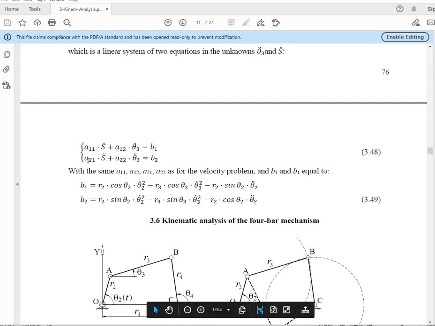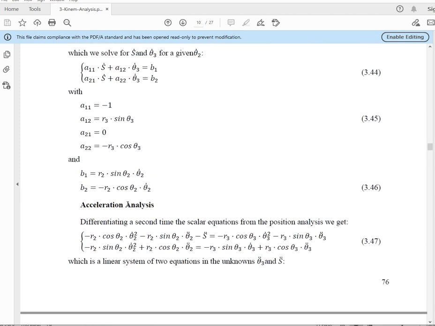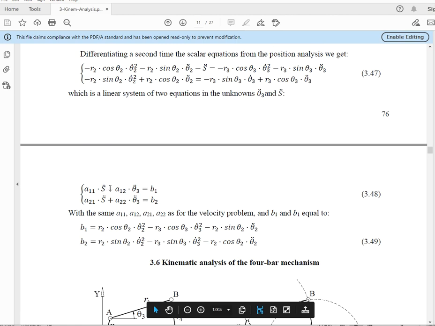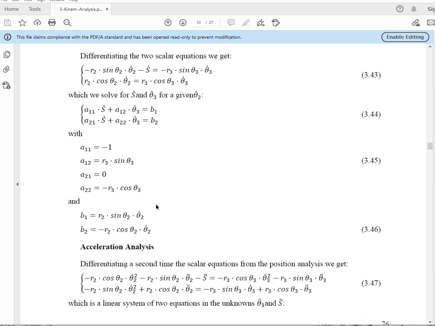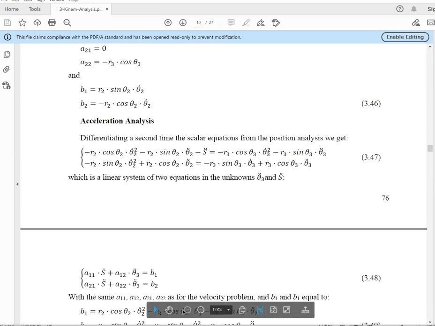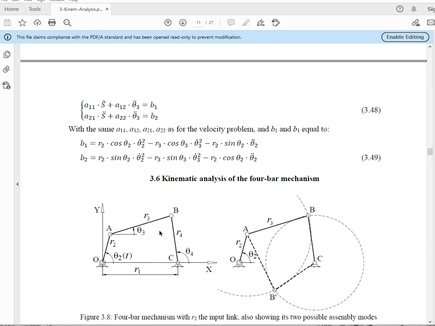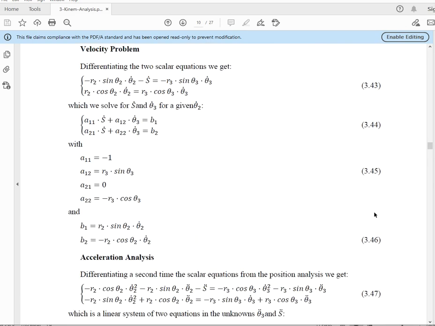You'll recognize that the coefficient multipliers for the unknowns are the same. So the multiplier for s dot is the same as the coefficient for s double dot. So a11, a12, a21, a22 are the same. What differ are the free terms, so b1 and b2 would be different in the two equations.